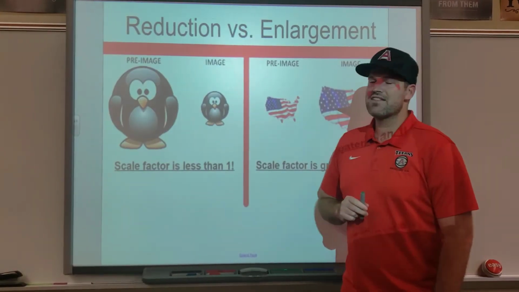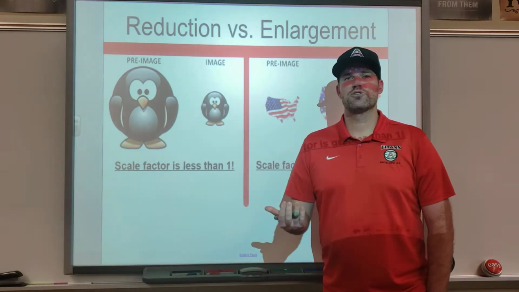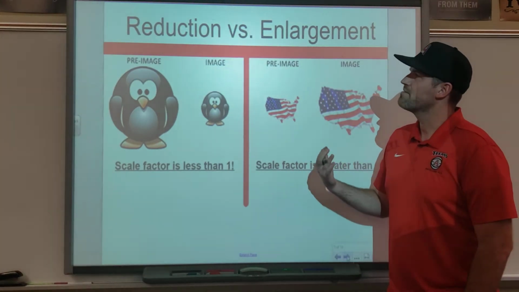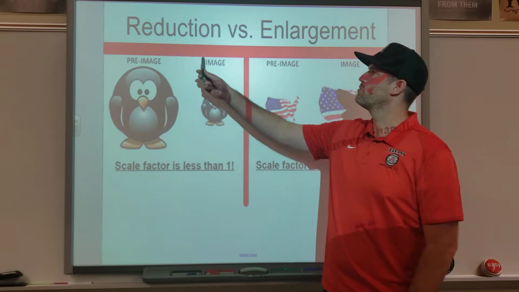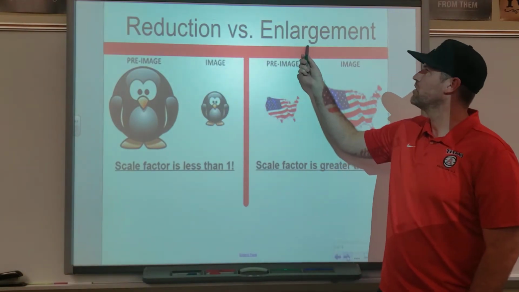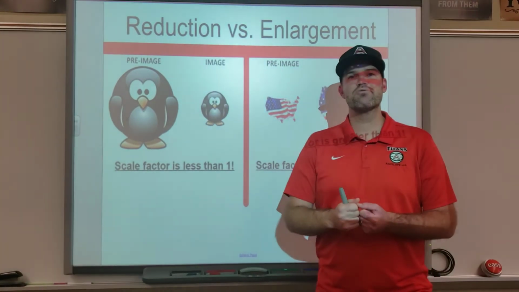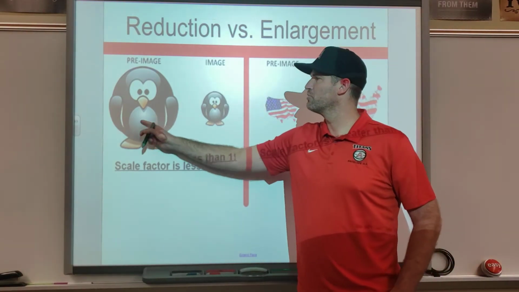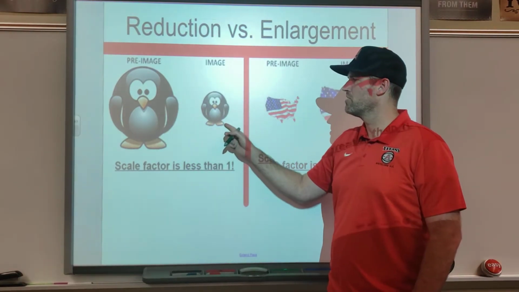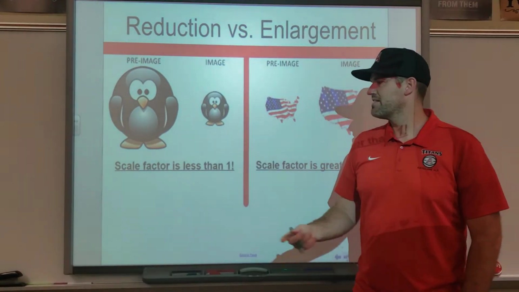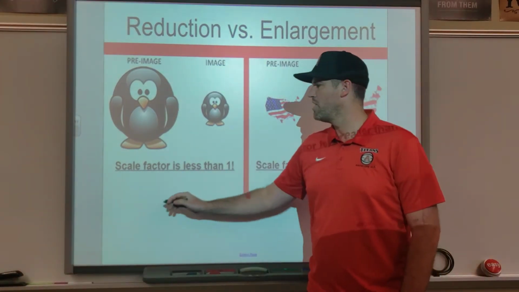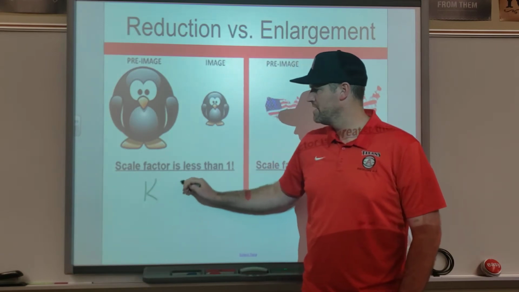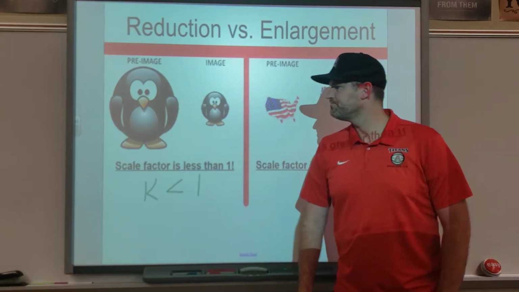And specifically, when they get smaller and larger, we give them some specific vocabulary, which are reduction and enlargement, right? Which we know to reduce something means to make it smaller. So a reduction takes the original and makes it smaller, which also means that the scale factor is less than 1, right? So K will be less than 1.